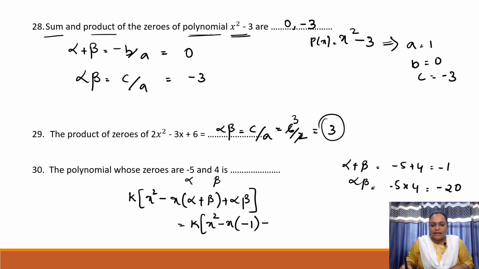I am writing it directly, that is minus 20. So, what is the polynomial we got? x square minus of minus is plus x minus 20. Okay. So, this is the quadratic polynomial for the zeros minus 5 and 4.